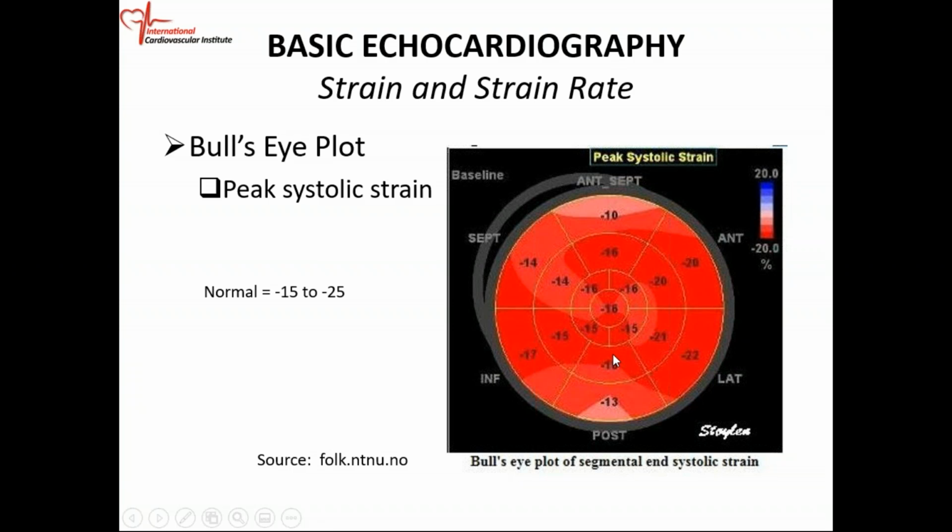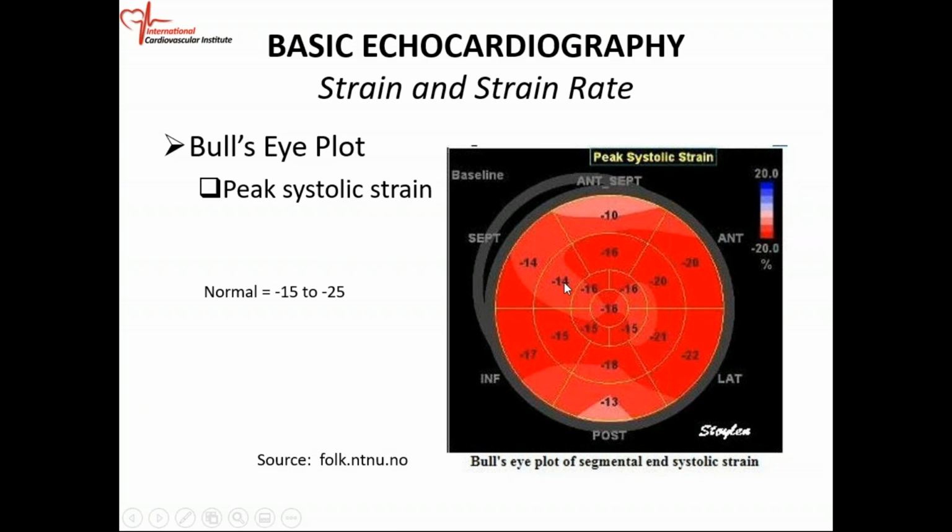Remember, red is normal. And then the inferior septum minus 15, which is a little bit abnormal, okay? You can see this portion of the segment, but probably most of it is normal. Then the anterior septum minus 14, definitely abnormal, and you can see it's pink.